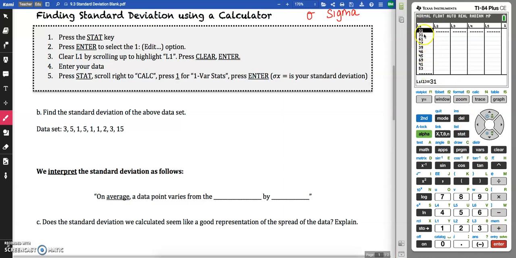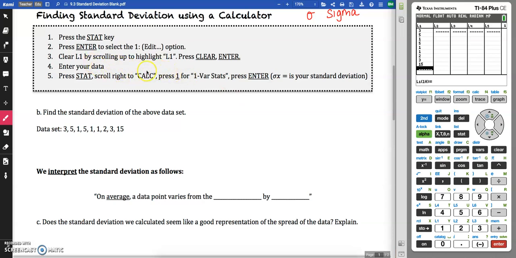I have data from a previous lesson in here, so I want to clear it out. That's step 3. I'm going to go all the way to the top, highlight L1, and click clear. Click enter. And now I need to enter this data in. So I have 3, 5, 1, 5, 1, 1, 2, 3, and then 15.